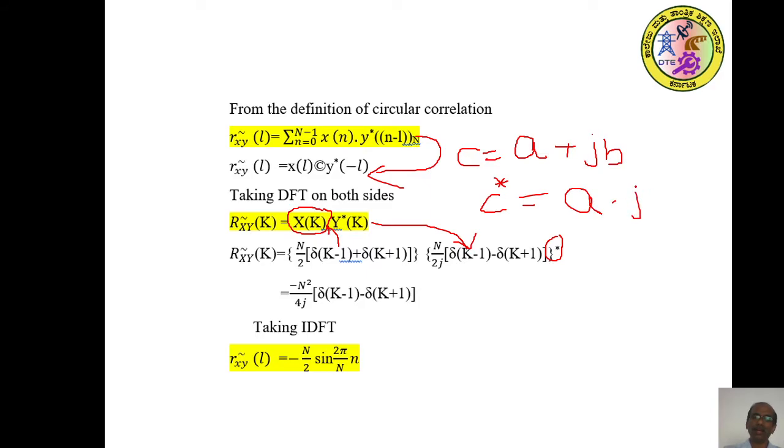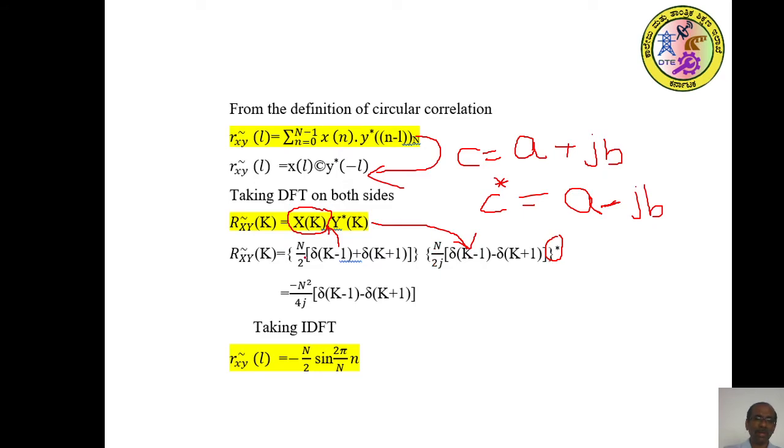Simple answer. Real part will not change, imaginary part changes its sign. See the term here, N by 2j, it is an imaginary term, the sign should change. So it becomes minus N by 2j.